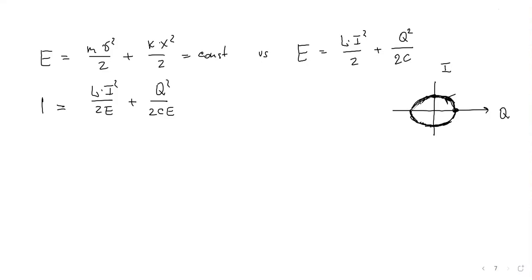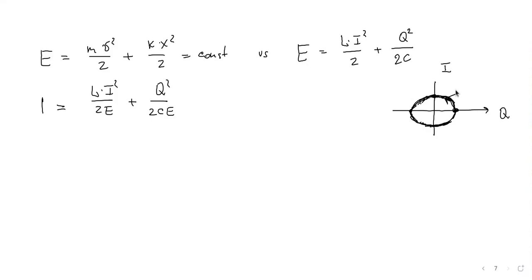So then you start to have a negative charge on the capacitor, and eventually when you get the maximum possible negative charge, the current will stop. And then you start the discharging process again, but with negative current. And you will continue to move along this ellipse over and over and over.